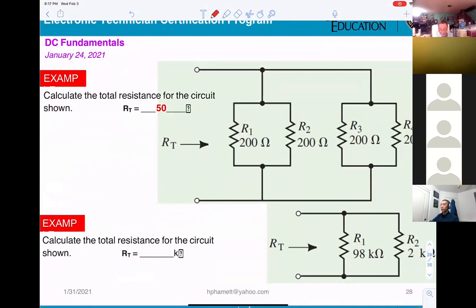If you can do this, that's the answer I already gave you, 50. Next time I will upload a PDF, because with PowerPoint they don't recognize the symbol ohm.